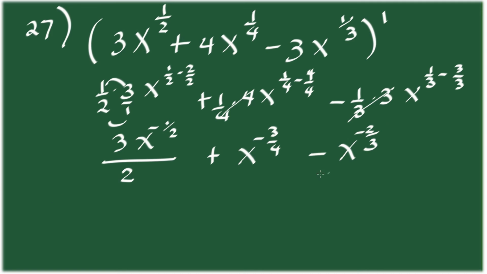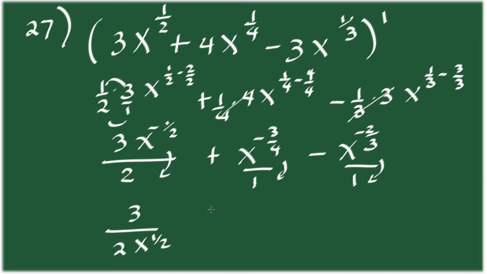Okay, I'm just going to move those x with a negative exponent downstairs if I want to express them using positive exponent. So this is 3 over 2, x to the 1/2, plus, this numerator x. You can always write down the times 1.